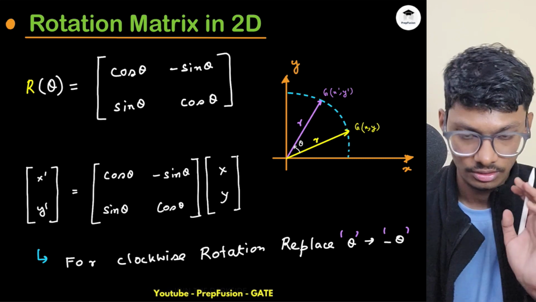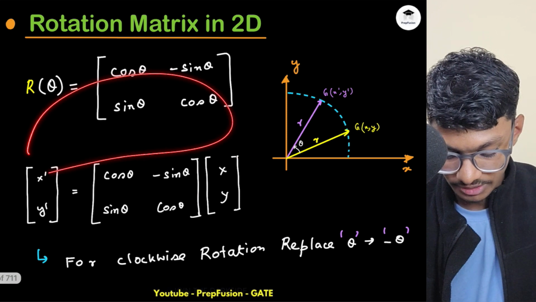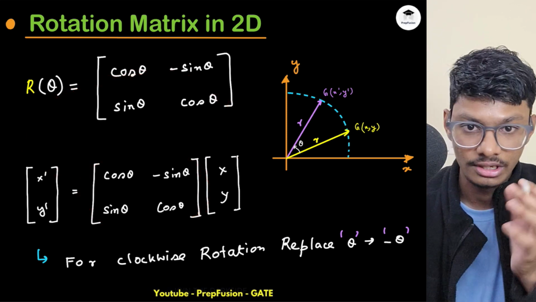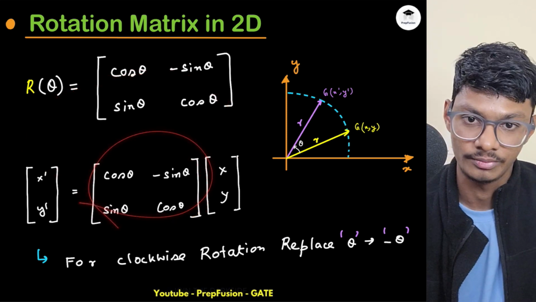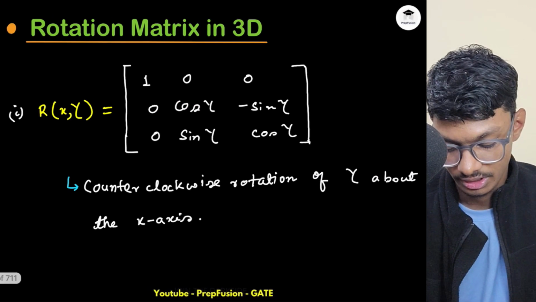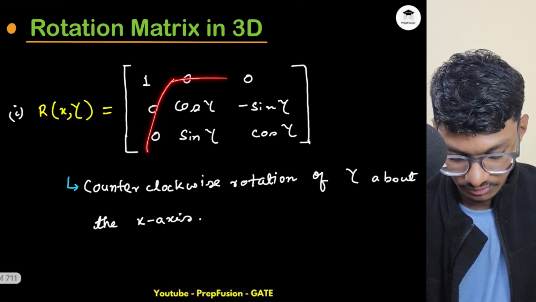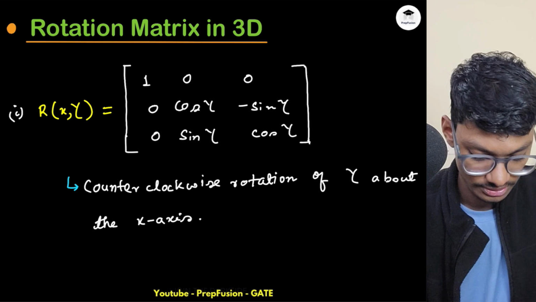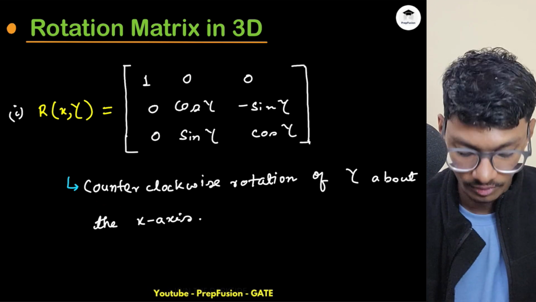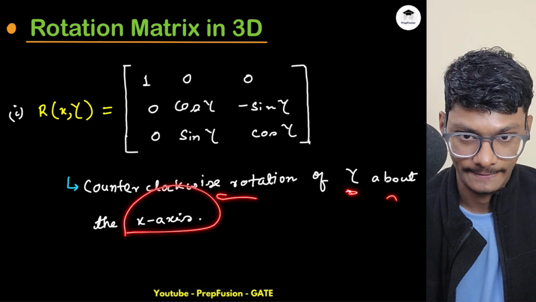In 3 dimensions, I am just telling you a few examples of rotational matrices, so that if you see this type of matrix in the examination hall, you can recall that it is a rotational matrix. The format will be something like this. This rotates counterclockwise by gamma about the x-axis.